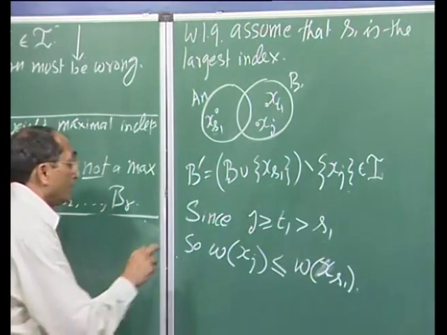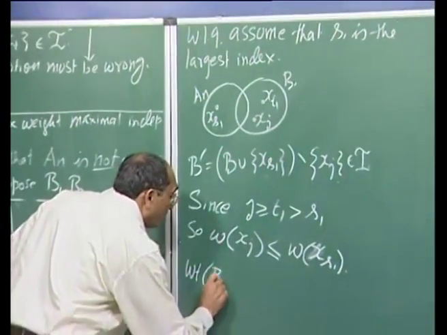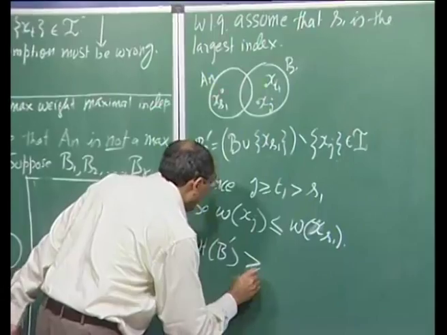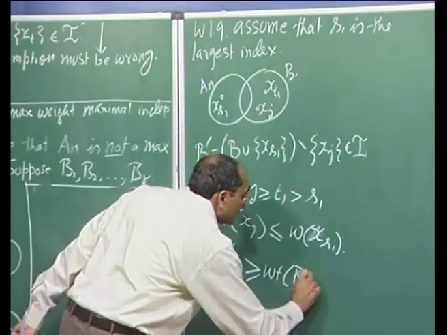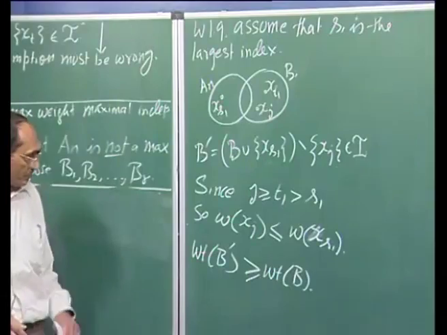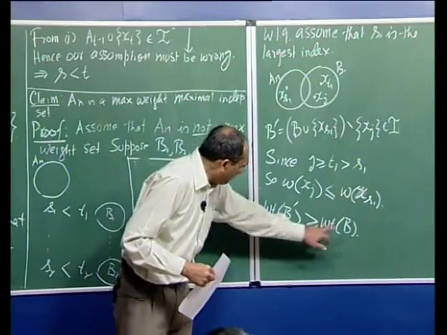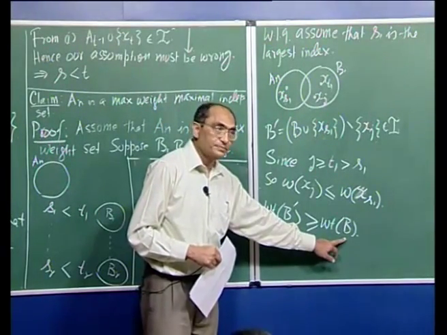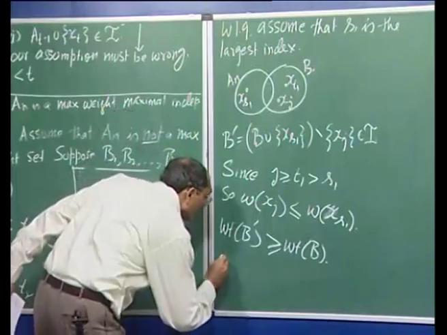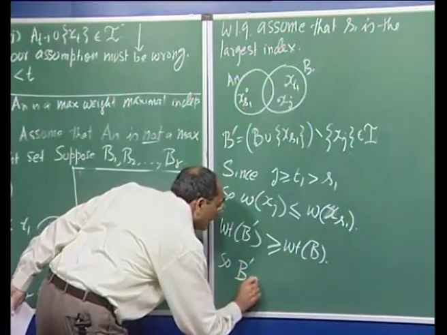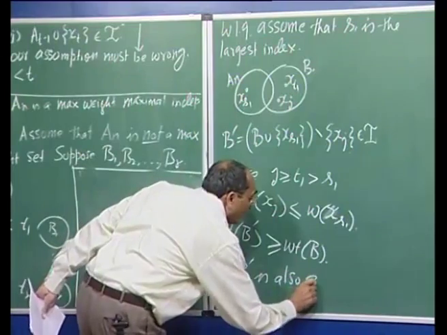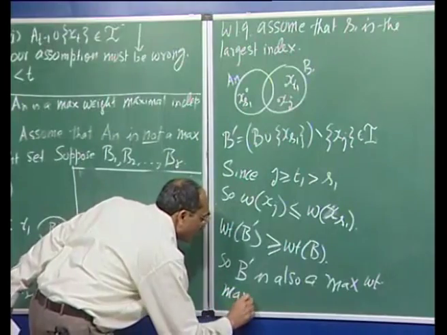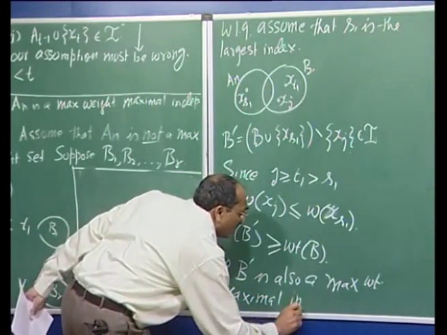Hence, the weight of B prime is at least as much as the weight of B. Now, B is one of the maximum weight maximal independent sets. So, we conclude that B prime is also a max weight maximal independent set.